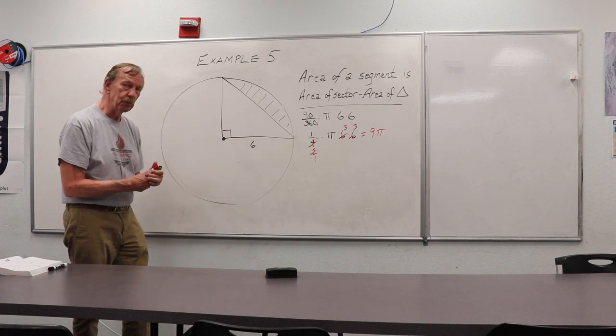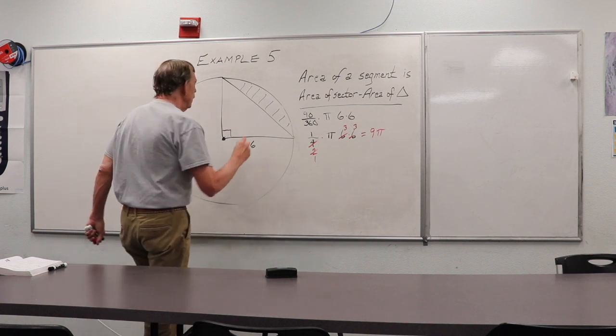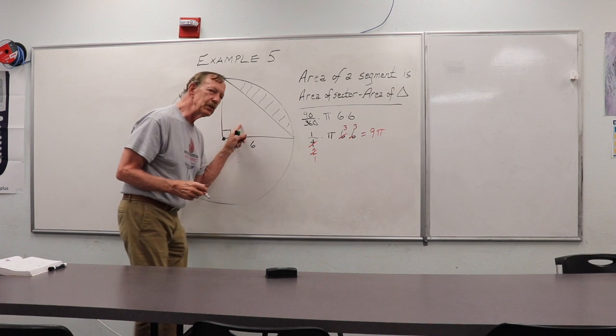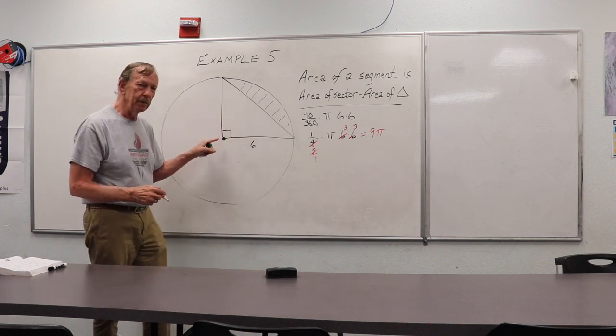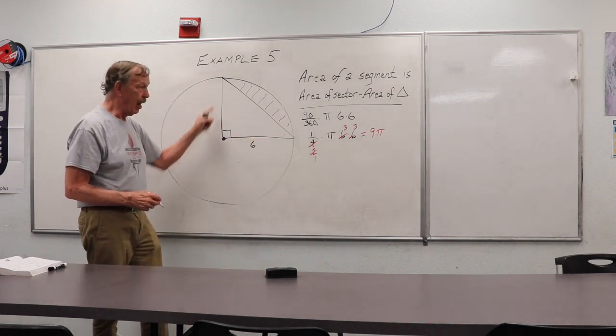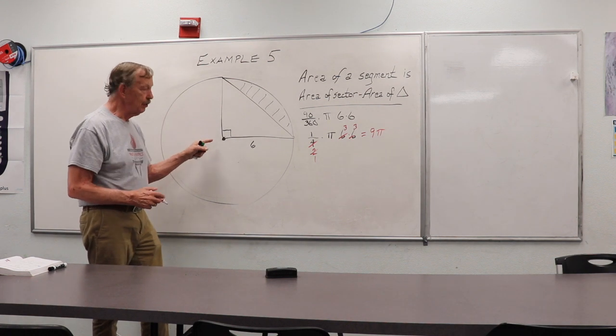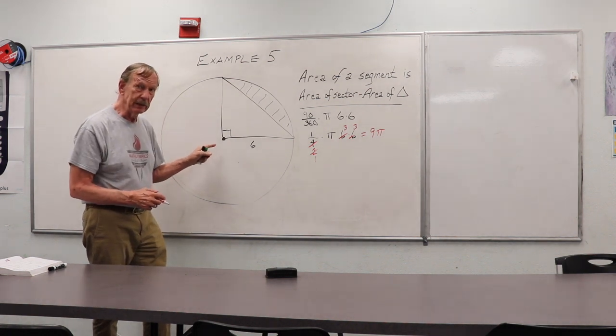Now the area of the triangle. Well, this triangle is easy. This is a right angle. That's a base, that's a height. So the area of the triangle is 1/2 the base times the height.